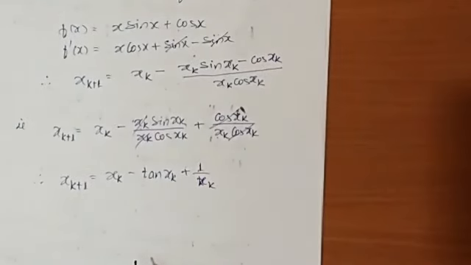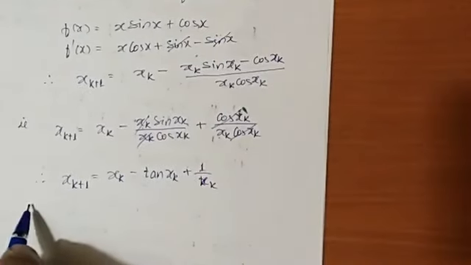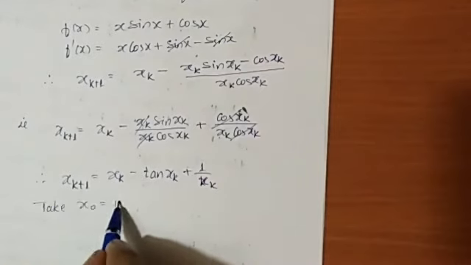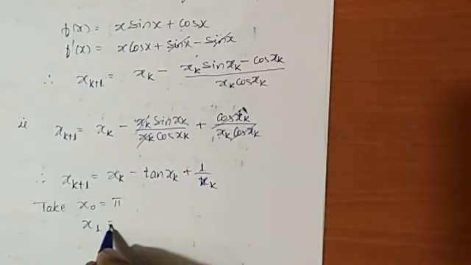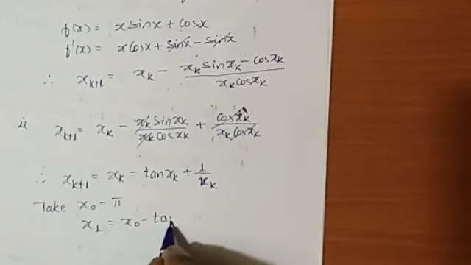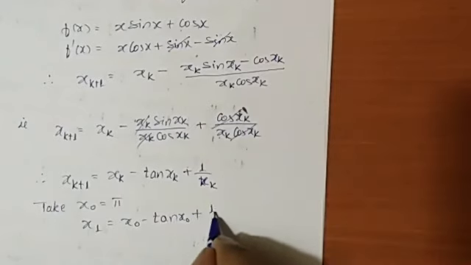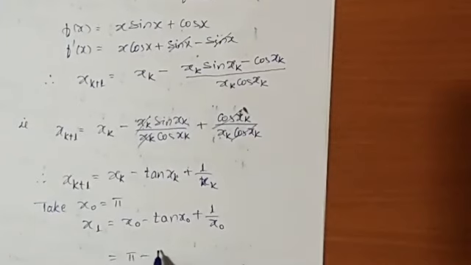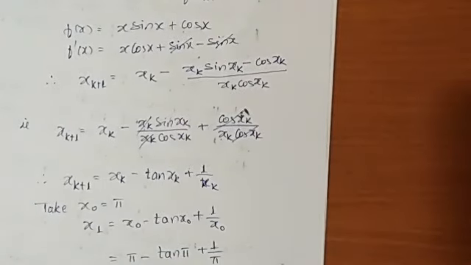So now take x naught as pi. He has already given that. So x1 is given by x naught minus tan x naught plus 1 by x naught. Therefore this is equal to pi minus tan pi plus 1 by pi. So x naught is pi.